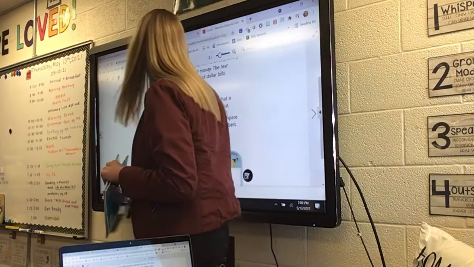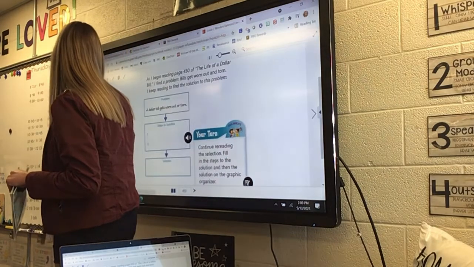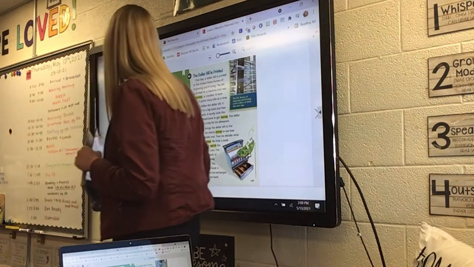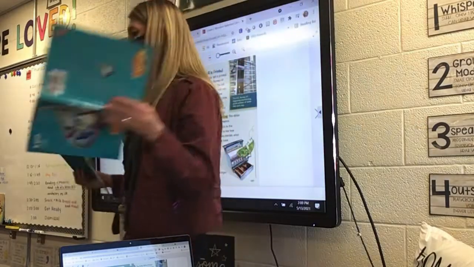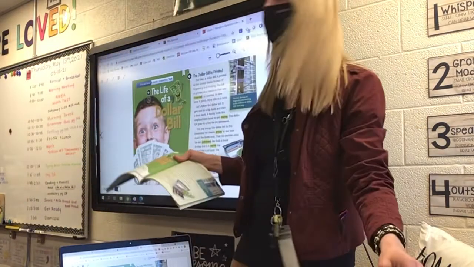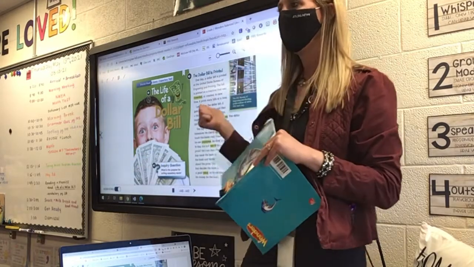All right. I'm going to flip my book back. What page are you guys on? All right. The life of a dollar bill. Our inquiry question is, what is the purpose for writing this text? So what's the purpose? Think of the PIE.